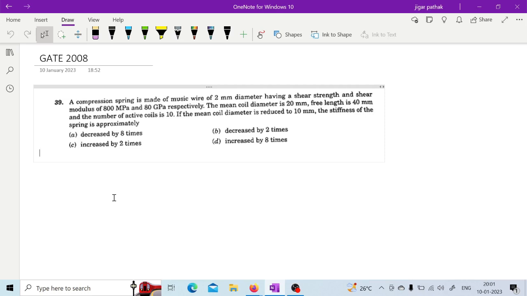If the mean coil diameter is reduced to 10 mm, the stiffness of the spring is approximately. So this is a very easy question, right? You just need to find how the stiffness is varying with respect to the mean coil diameter.